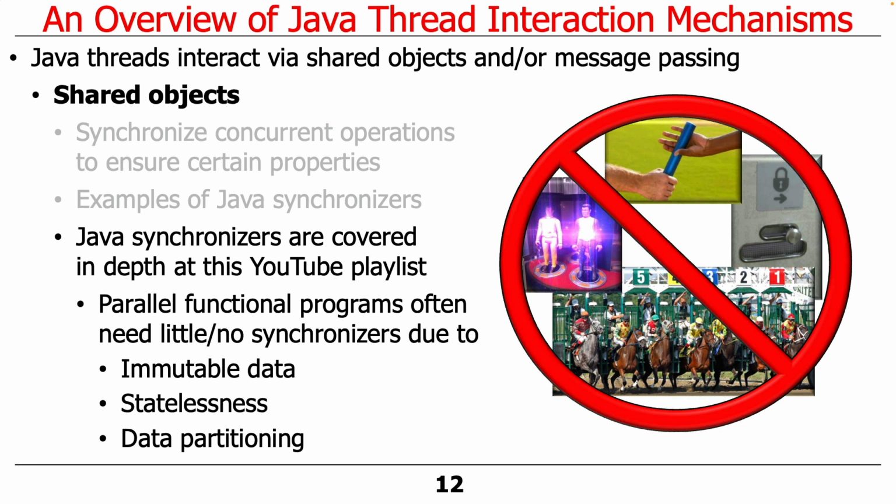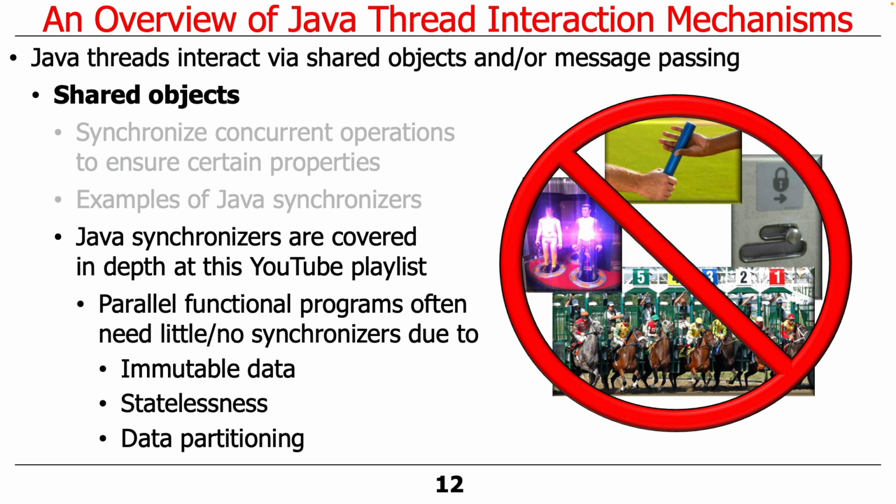And then the other thing that's really important, which we'll talk quite a bit about when we get into things like parallel streams, is the idea of data partitioning. You take a big source of data, like an array or a hash table, and rather than having coordination required to ensure that the elements in that data structure are not corrupted by multiple threads trying to read or write to them simultaneously, instead you partition everything so that there is in fact no sharing.